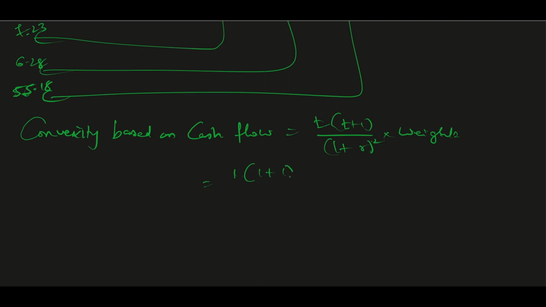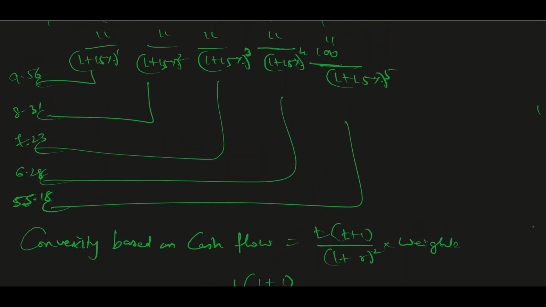So 1 into 1 plus 1 divided by (1 plus R, 15 percentage YTM) square, into weight. The weight is going to be this 9.56 out of the total cash, 86.59, correct? If you add up all this, it comes to 86.59.